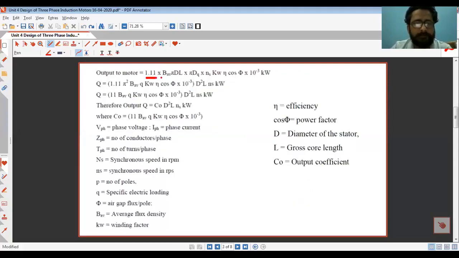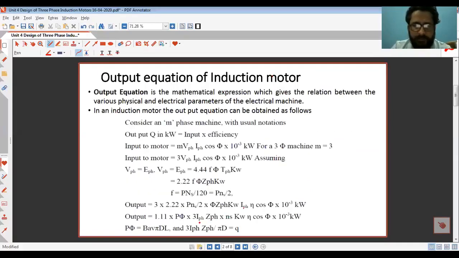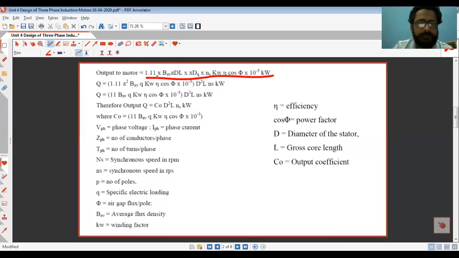So when simplified, we replace πD is equal to Q, and Pφ is equal to B_av πDL, and 3 I_ph Z_ph is equal to Q into πD. By putting these in this equation, you get a new equation.